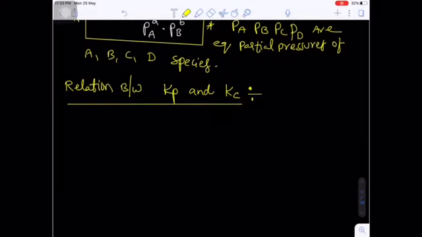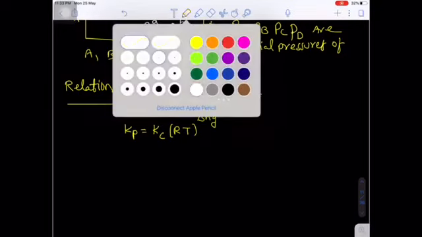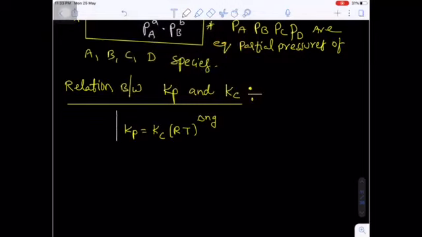So here Kp is the equilibrium constant in partial pressures, and Kc is the equilibrium constant in molar concentration. Kp is equal to Kc multiplied by RT whole to the power delta Ng. So this is a very important relation between Kp and Kc.